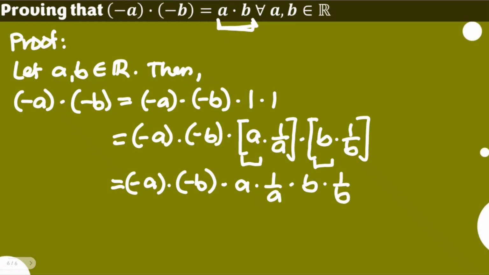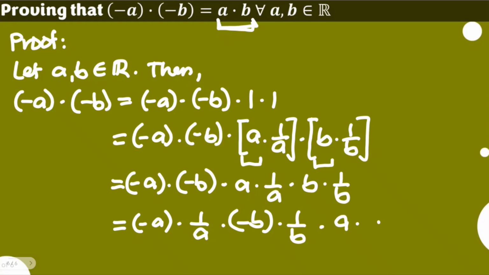Now, let me apply the commutative property of multiplication, where I can just rearrange the terms in this manner. You have negative a times 1 over a times negative b times 1 over b times a times b. So that this is already arranged to our goal.